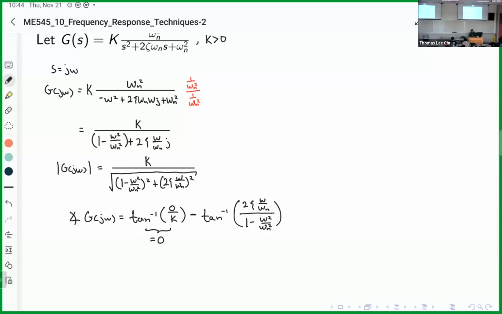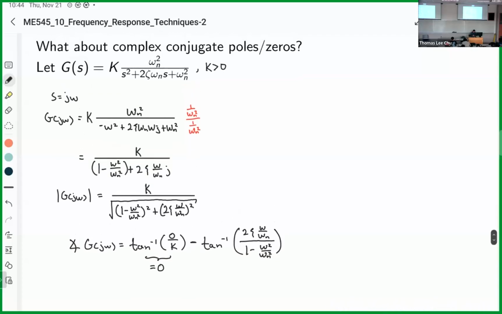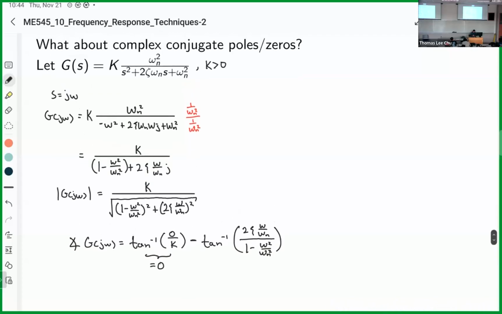Okay, so that's the formulation for finding the magnitude and phase of complex conjugate poles. If it was complex conjugate zeros, it would just be the inverse, and the phase will be flipped as well.